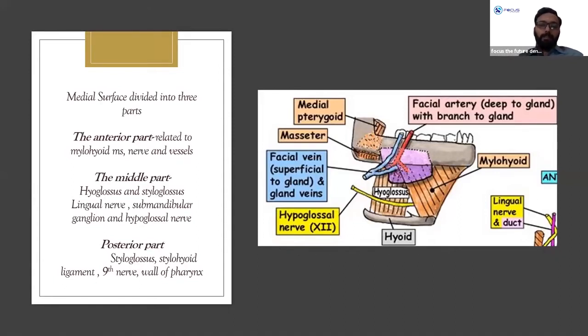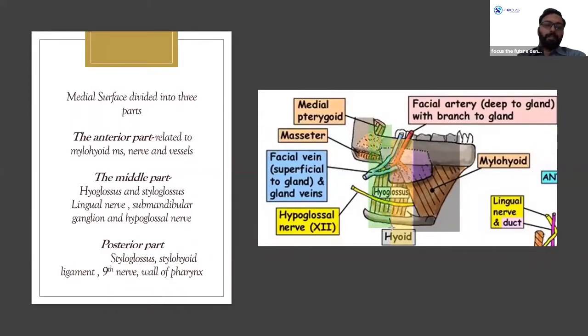The anterior part is related to the mylohyoid muscle, mylohyoid nerve, and vessels. Then you have the middle part, which has the hyoglossus, styloglossus, lingual nerve, and submandibular ganglion. And then you have the posterior part.